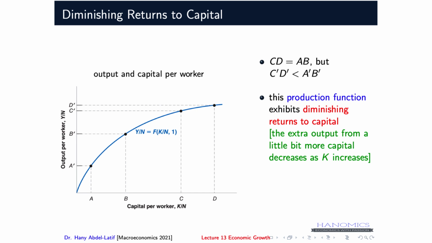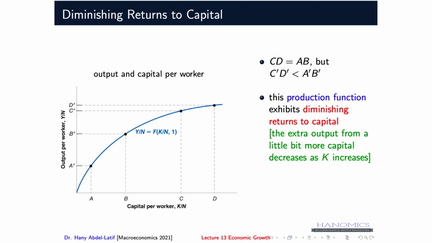If you double the amount of capital you use, you would expect the amount of output to change by less, and as you add more capital, that will be less and less. So that is the idea. In that case, we say this production function exhibits diminishing returns to capital.